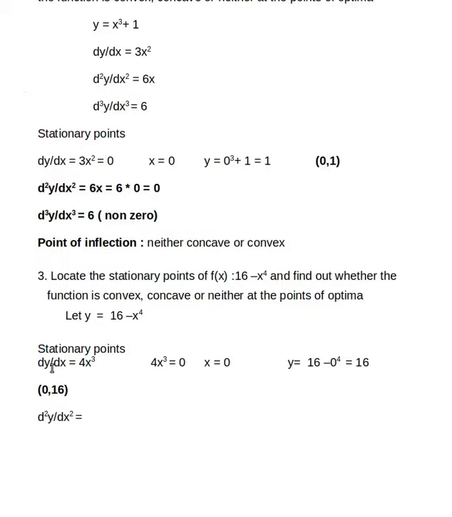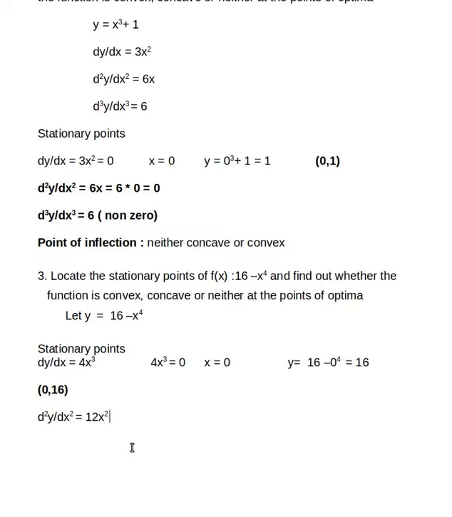We got dy by dx is 4x cube, so d square y by dx square is equal to 12x square. It is 3 into 4 is equal to 12, x raised to 3 minus 1 is equal to 2. And we have to insert the value of x into this equation.